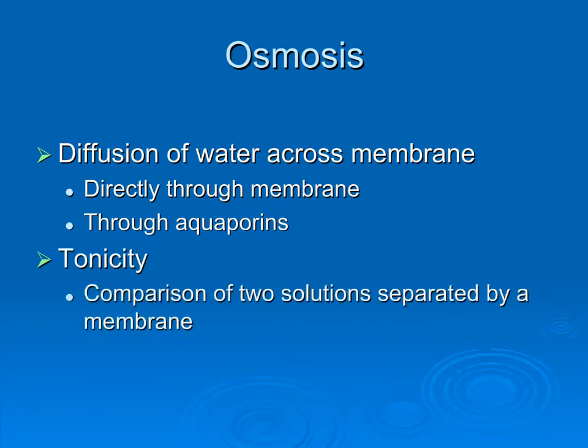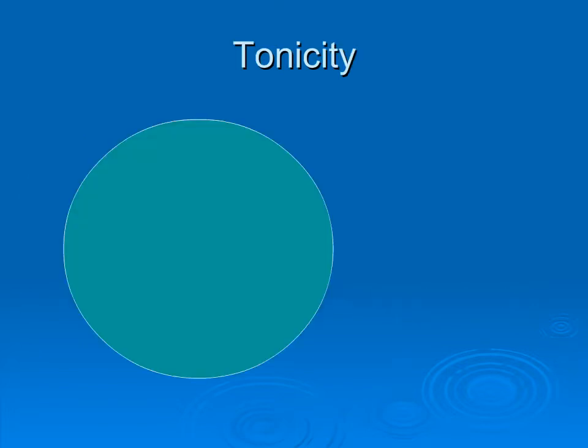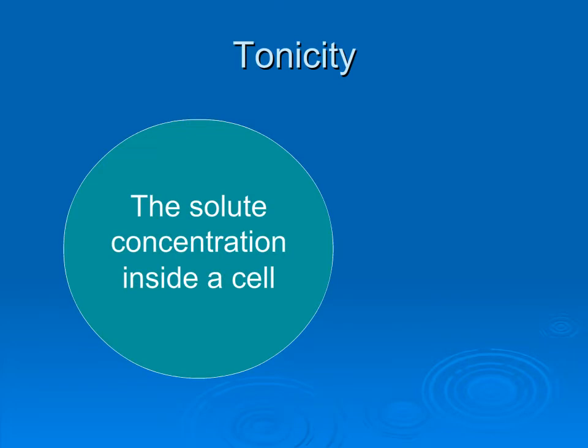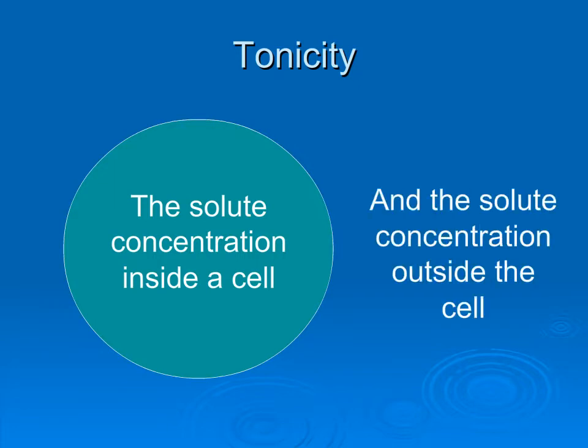Tonicity is the comparison of solutions to determine the direction of water flow across a membrane. Tonicity is relative, as we must be comparing two solutions. For example, the solute concentration of a solution inside a cell to the solute concentration of a solution outside a cell. We are assuming that the solute cannot diffuse, so only the water can flow across the membrane.